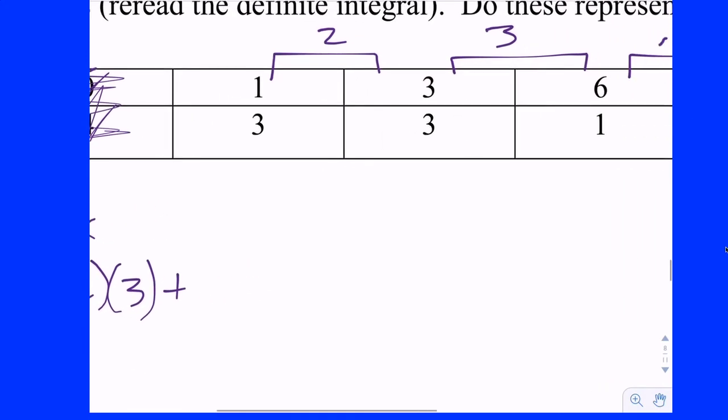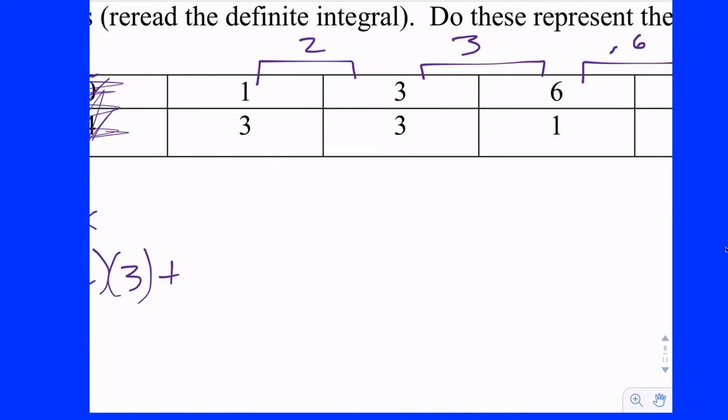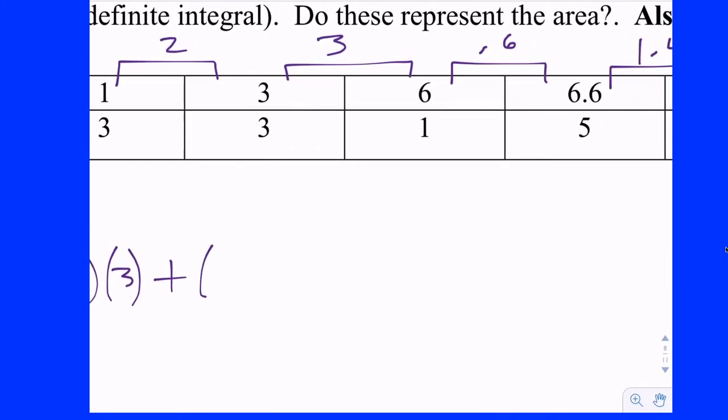Plus, the next width is 3 times the y value, which is 3. Plus, the next width is 0.6 times the y value to its left, which is 1.